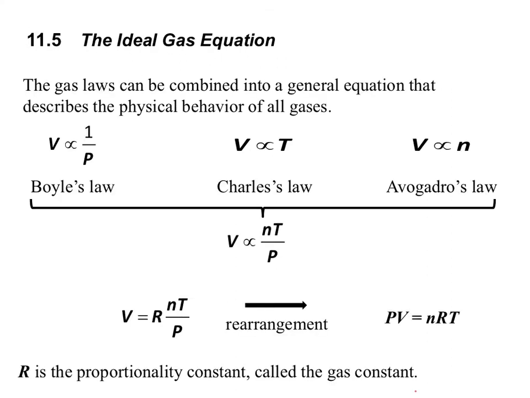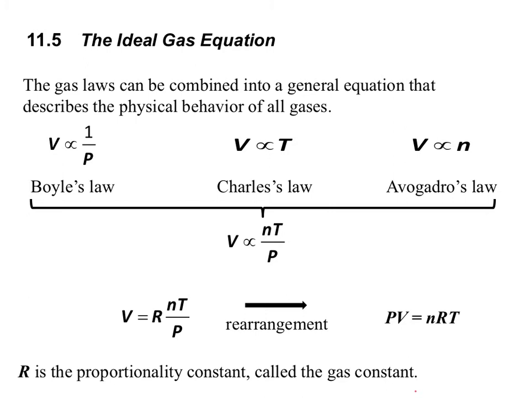The ideal gas equation. The gas laws can be combined into a general equation that describes the physical behavior of all gases. If we take Boyle's law, where volume is inversely proportional to pressure, Charles's law, where volume is proportional to temperature, and Avogadro's law, where volume is proportional to the number of moles of the gas, you can end up with a proportionality of volume is proportional to the number of moles times temperature over pressure.